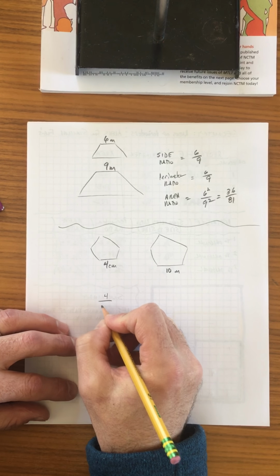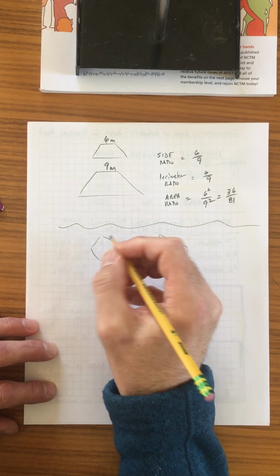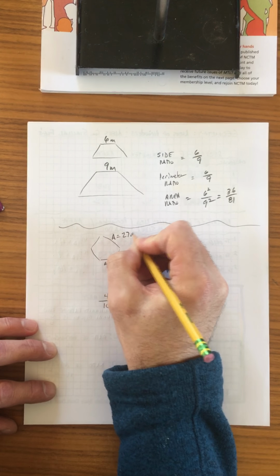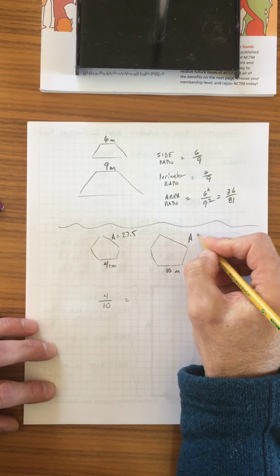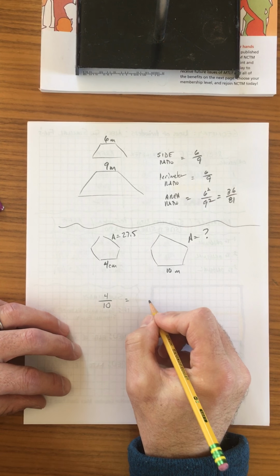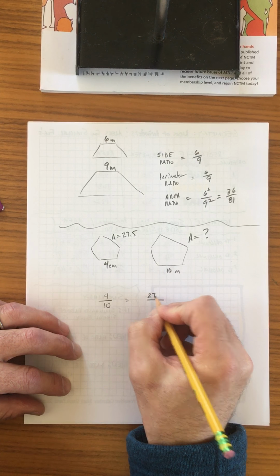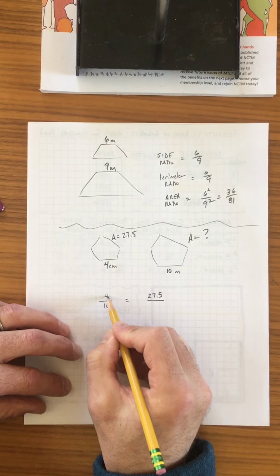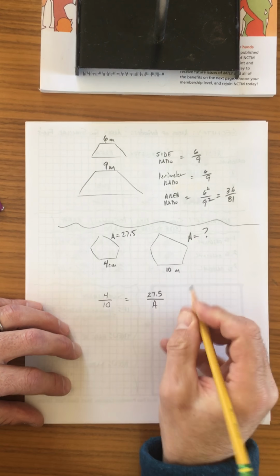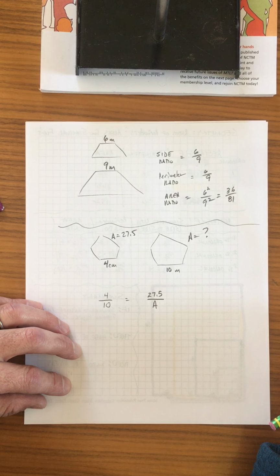So the side ratio would be 4 over 10. Now, this one has area 27.5. The small one has area 27.5, and you'll notice that I put that with the small side. Those go together. And then the area for the big one is unknown.